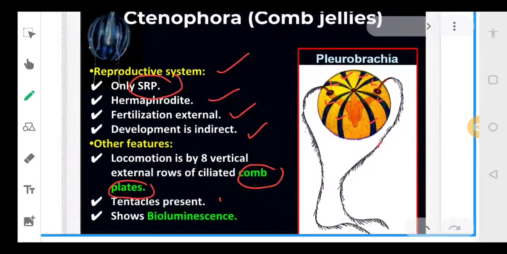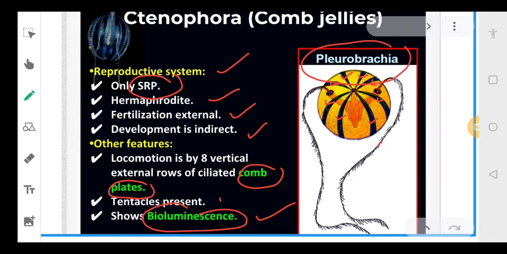In addition to this, they also show bioluminescence. Bioluminescence means that they emit light. These organisms that belong to Stinophora emit light from their bodies, and that is why we say they exhibit the phenomenon of bioluminescence. The best example, as you can see in the pictures, is Pleurobrachia.